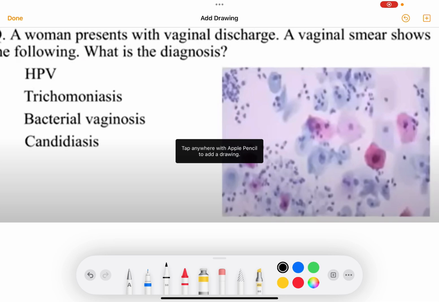On zooming, if we find trichomonas, if we find parasites in it, then the answer can be trichomoniasis also. This is the only question which is a bit tricky because the picture was not clear. Otherwise it can be somewhere between trichomoniasis and bacterial vaginosis. But if they want to tell the Amsel's criteria, then it will be bacterial vaginosis. Otherwise trichomoniasis will have a lot of parasites seen in the smear.